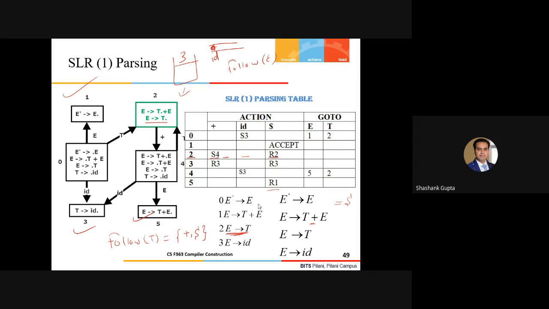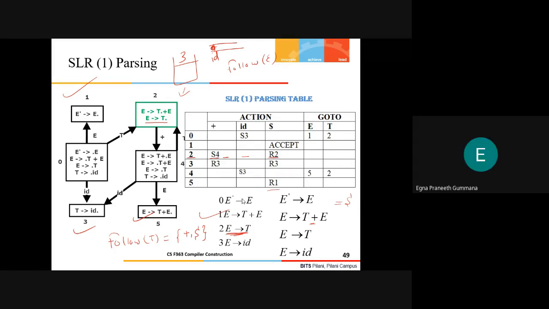It doesn't matter whether it is relevant or irrelevant. I'm not asking you anything which we haven't discussed yet. I'm asking you a very simple question. This grammar is SLR1, or I can give you any other grammar, and if I ask you whether it is SLR1 or not, what will you do? Sir, how will you respond?